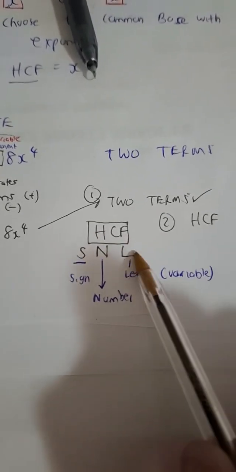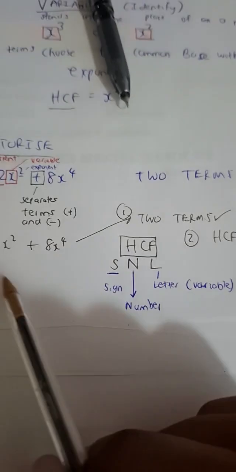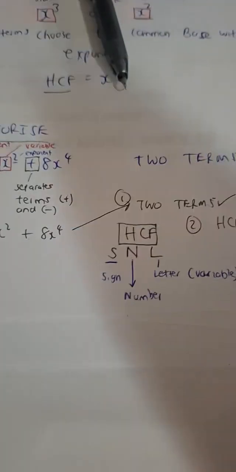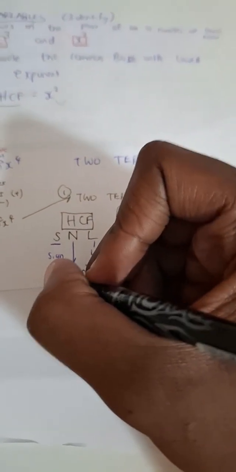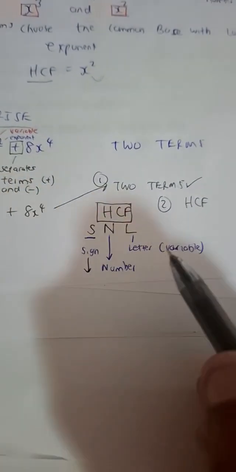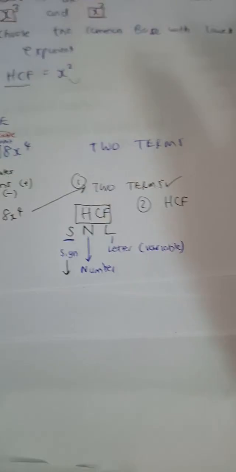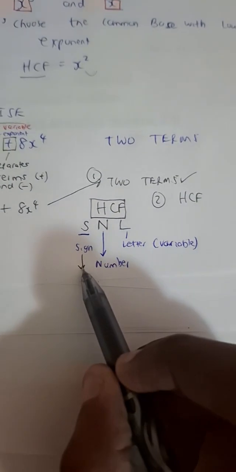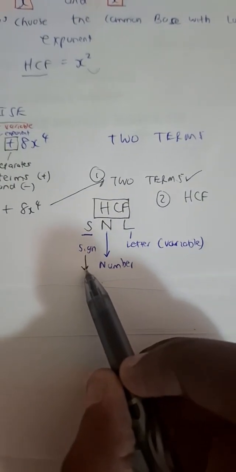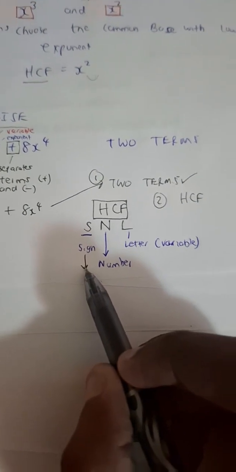The highest common factor letter, we have to also take that out. Now, what informs our highest common factor sign? Whatever the first term's sign is, that is the highest common factor sign.